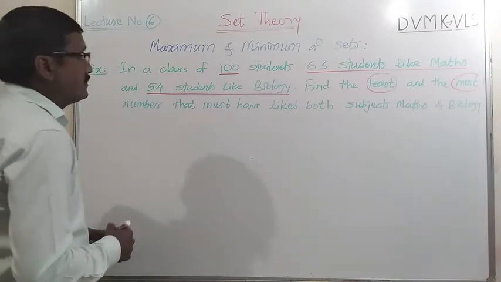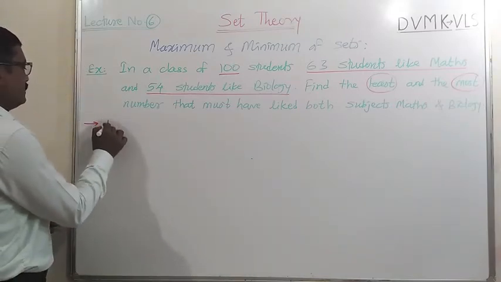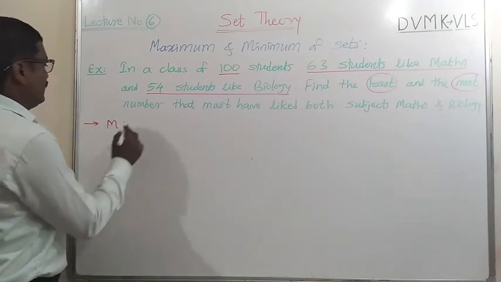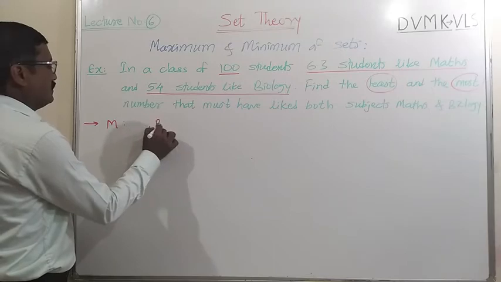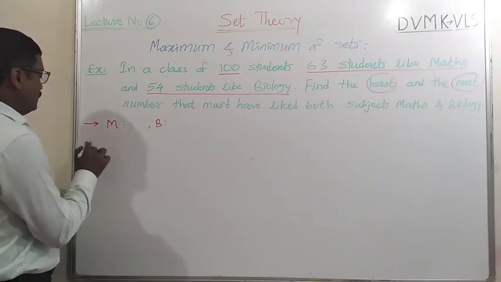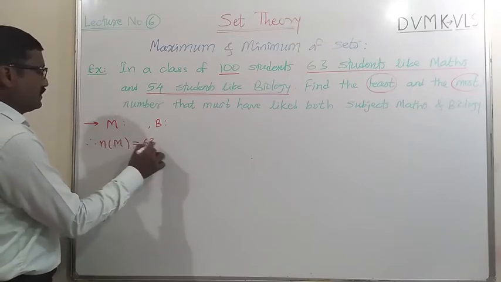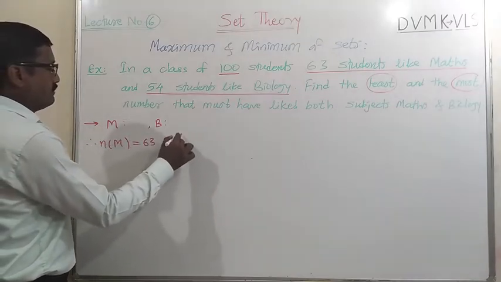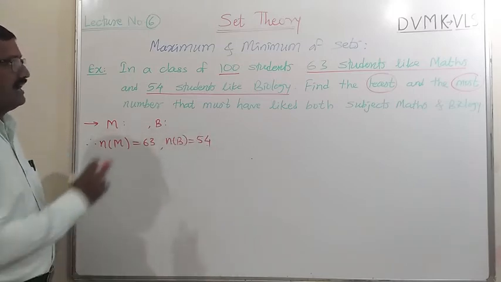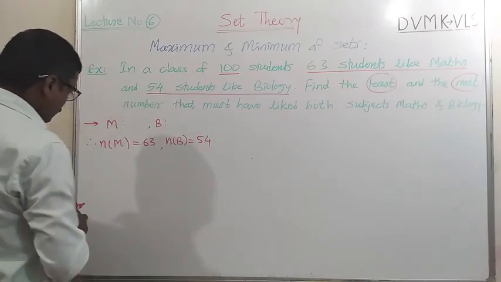Okay, so let us suppose first that M is the set of students who like maths and B is the set of students who like biology. Therefore, here the number of elements in set M is equal to 63 and the number of elements in set B is equal to the given 54, and 100 is the total number of students in the class.